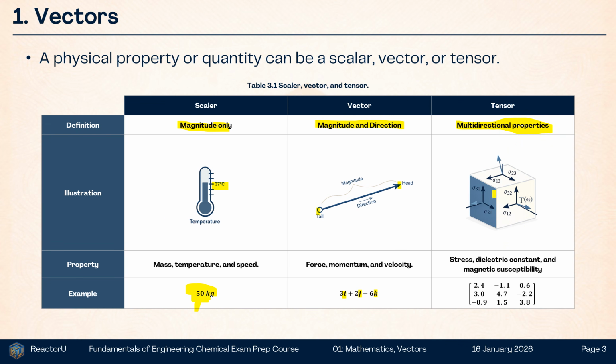Imagine that instead of just the three components, the x, y, and z, we have multiple units in multiple other directions. So we have 9 components here, the xx, xy, xz, and so on. That creates for us a tensor. Examples are stress, dielectric constant, and so on.